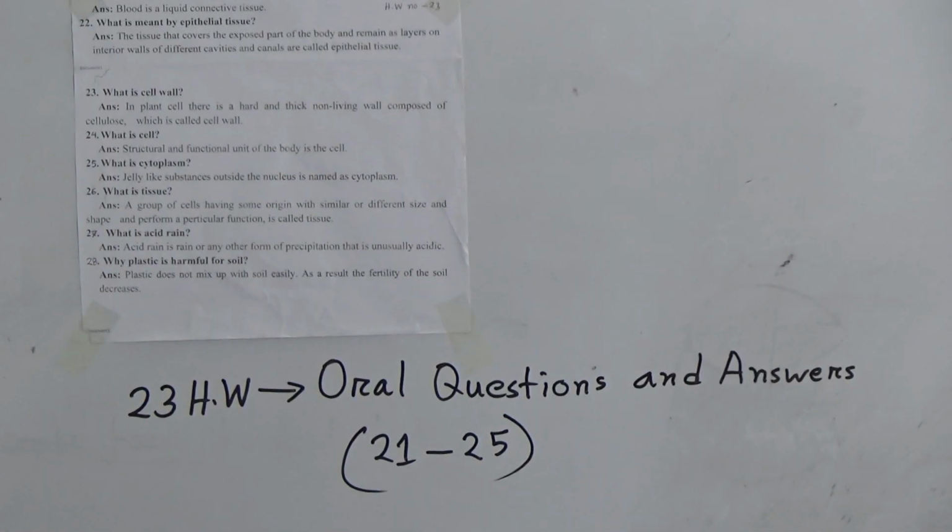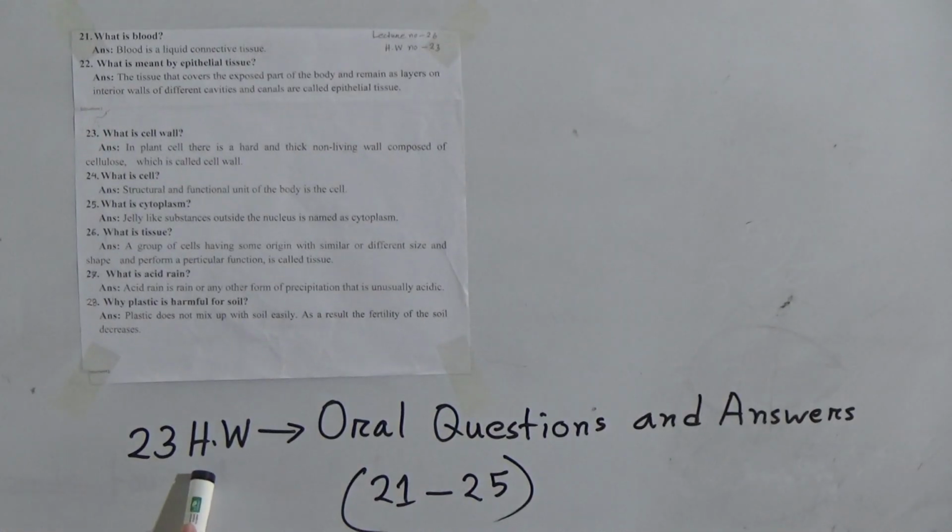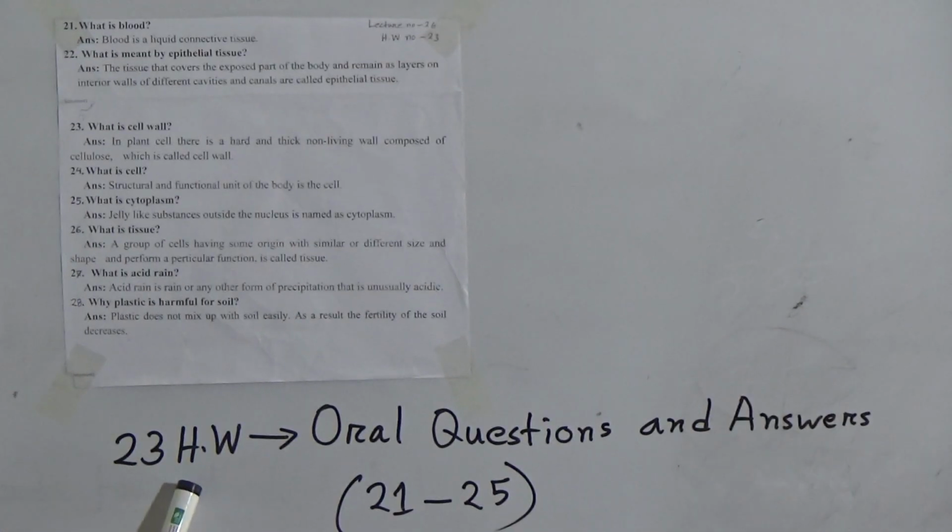Student, I am repeating this SW. This is 23 number SW, and when you do your SW, please write down the SW number and submission date on top of your SW copy, and your SW will be oral questions and answers from 21 to 25.